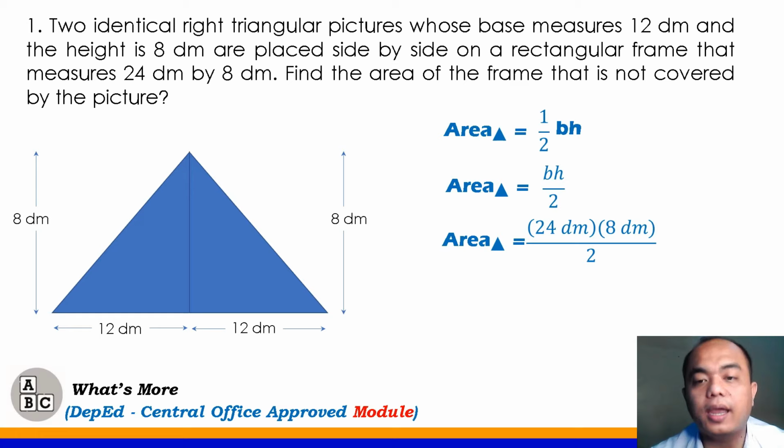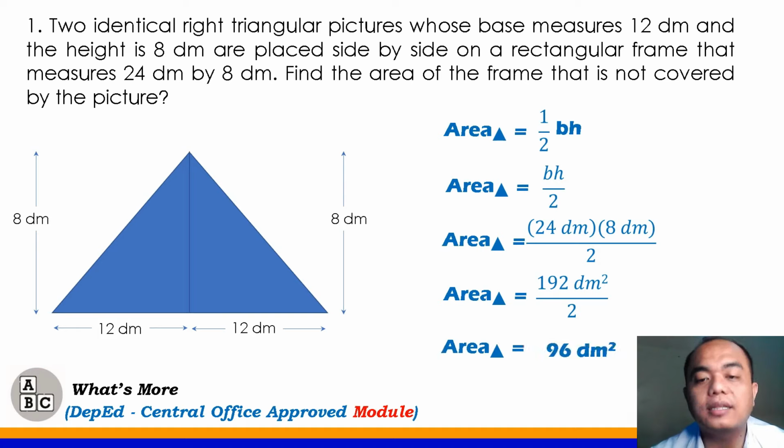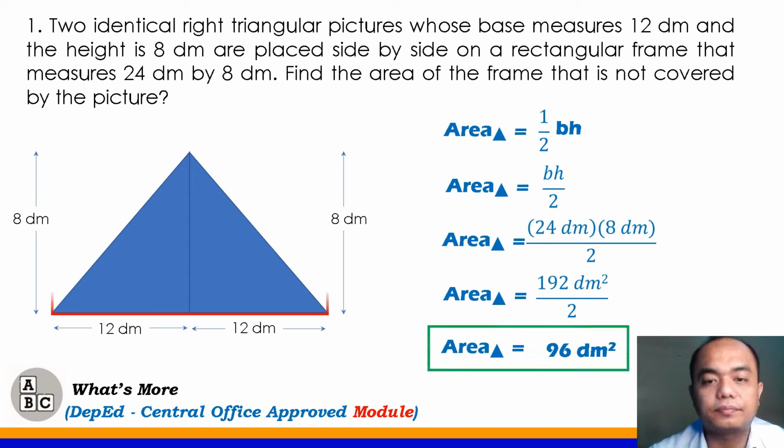So 24 times 8 divided by 2 gives 192 divided by 2, which is 96 square decimeters. That is the area. Actually, that is already the answer, class. But for more clarity, we will still solve the part not covered by the picture. So, this is the area of the picture, class.